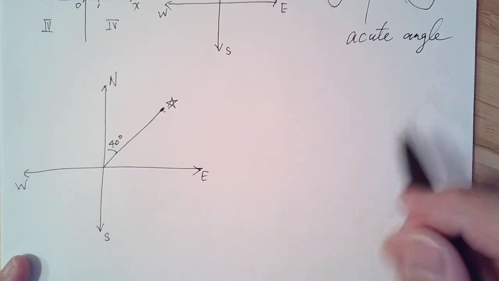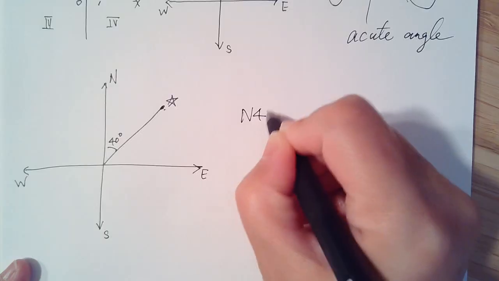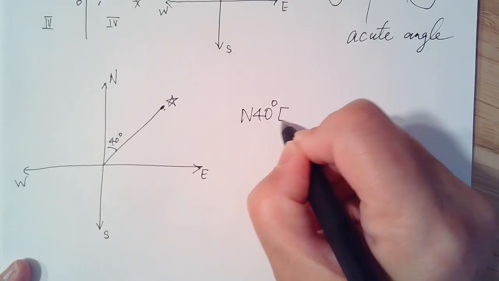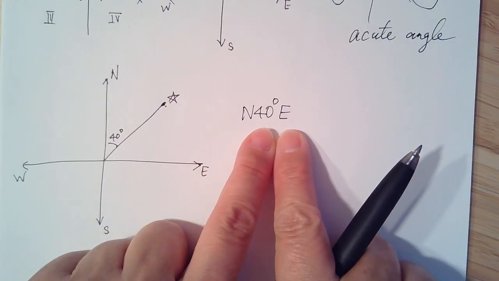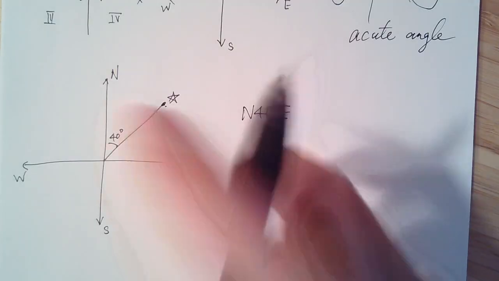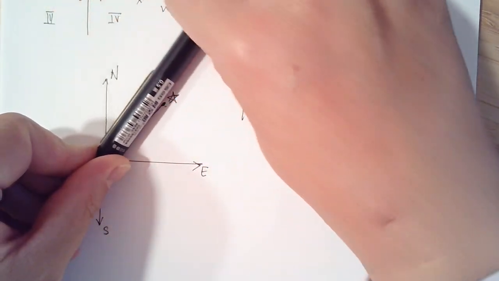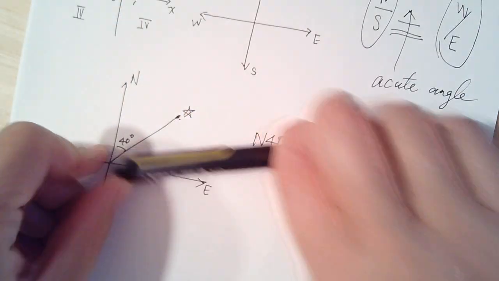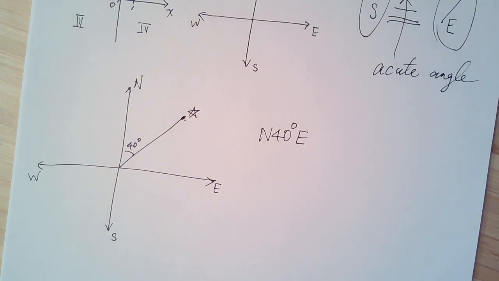That will be N 40 degrees E. There's no other way to do it. That's the only way. Every time we use N 40 degrees E, that means from north, you turn to the east, which means clockwise, by 40 degrees. You'll find the direction. Okay?